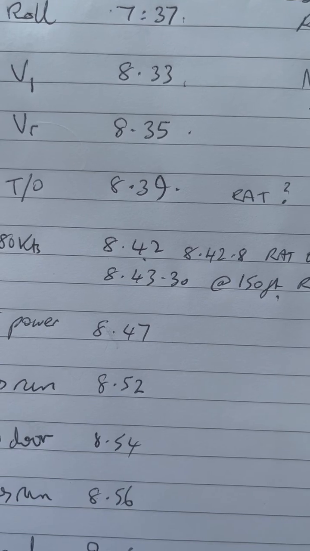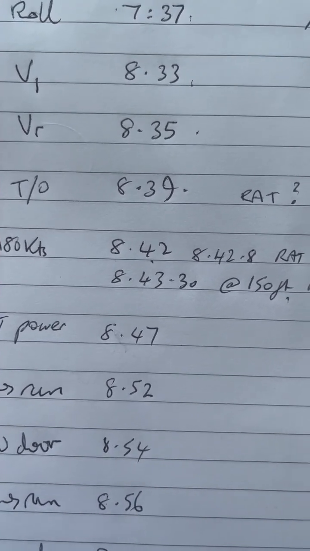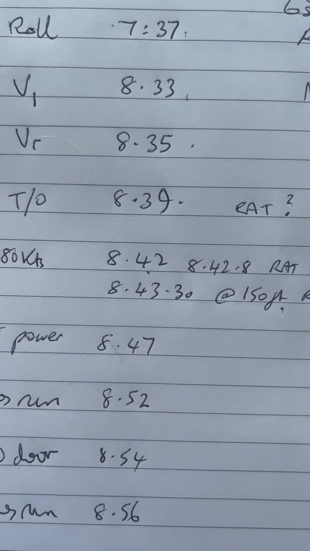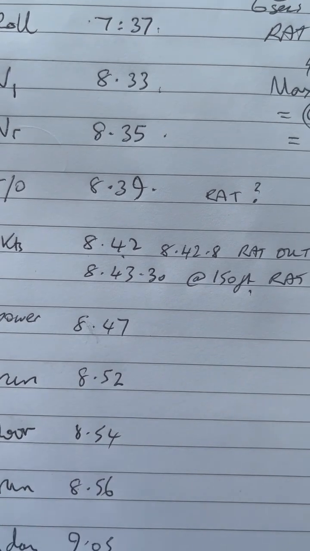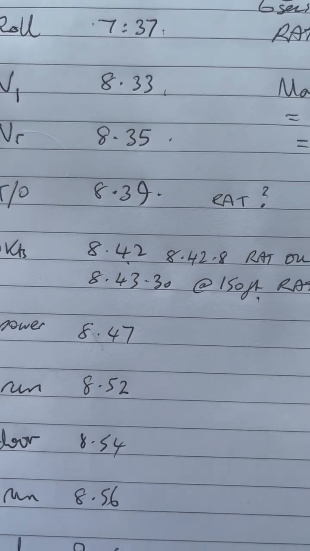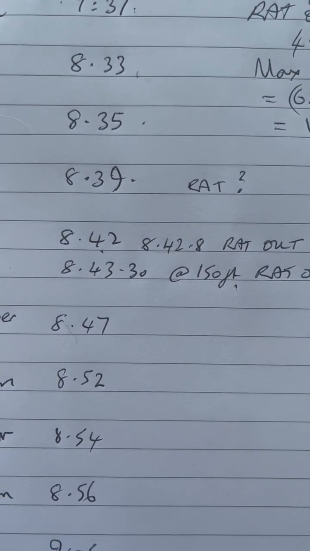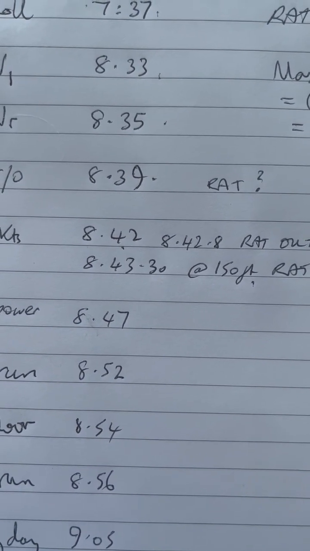Now, that's just after the 8:42, when we know sometime after that the N1 and N2 switches were operated. So in fact, the ram air turbine being out at 150 feet is entirely in synchronization with the switches being operated at that time.